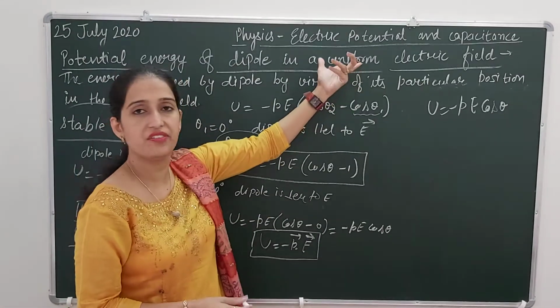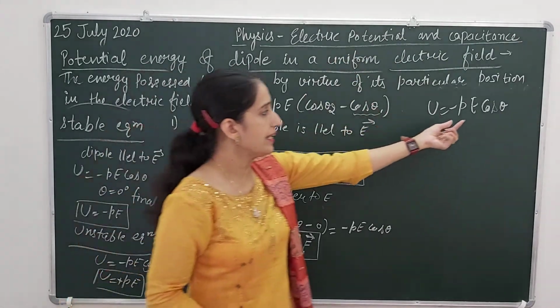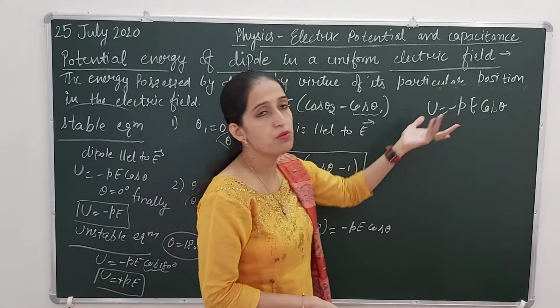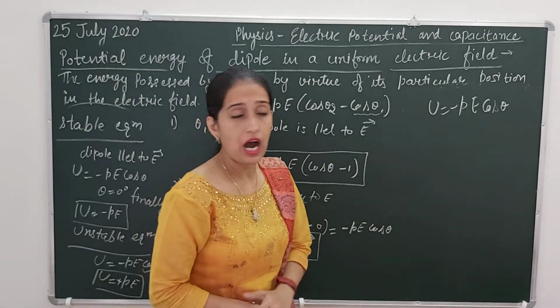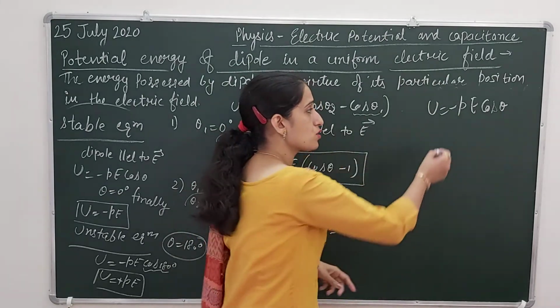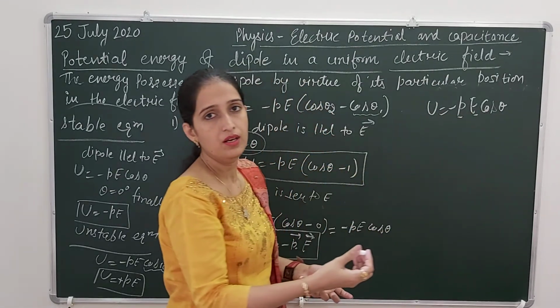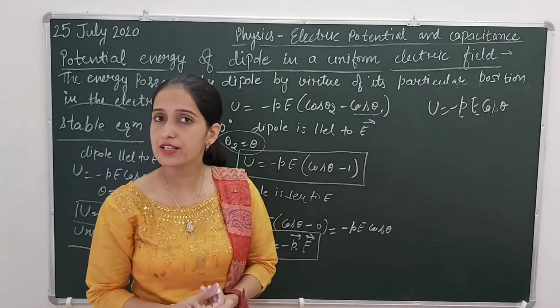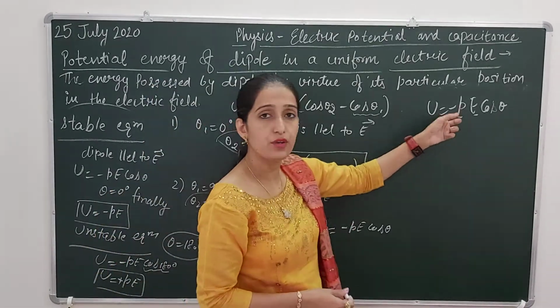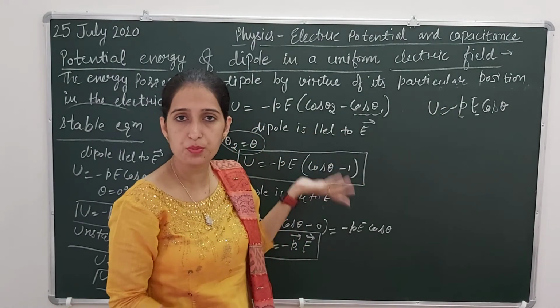Because the electric field is present, of course E magnitude is not 0. The dipole is present and some dipole moment is also there. Then how can we make this U 0? It is a product of 3 terms. These 2 terms cannot be 0. If E is 0, that means the electric field is not present there, but the electric field is here. The dipole moment also cannot be 0 because the dipole is present there.